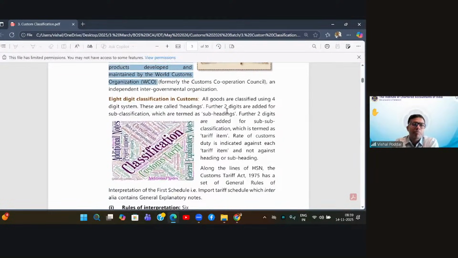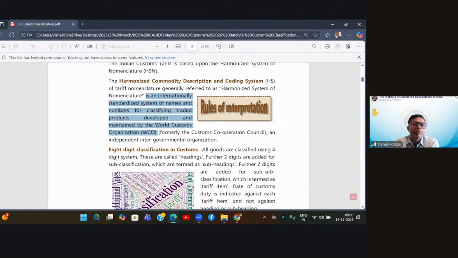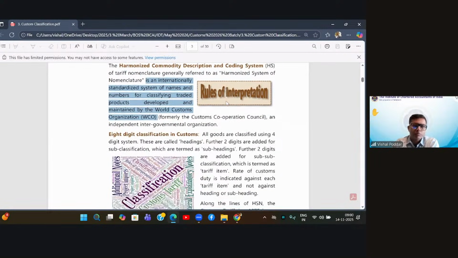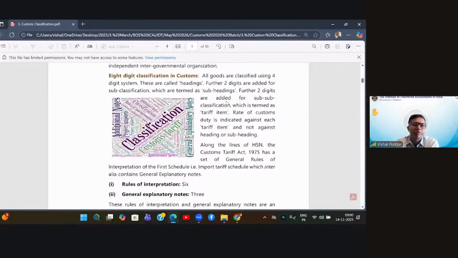Now, this list, which is used across the world, is called HSN, that is Harmonized System of Nomenclature, and the code numbers given against each good are called the HSN code. These codes at the international level are of 6 digits only. How are these 6 digits to be used or referred?